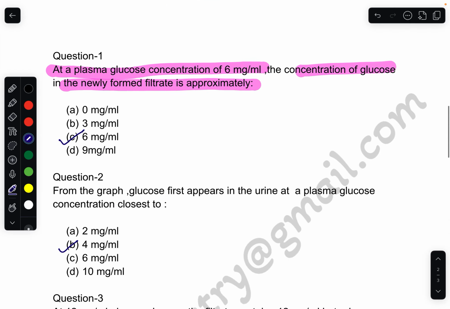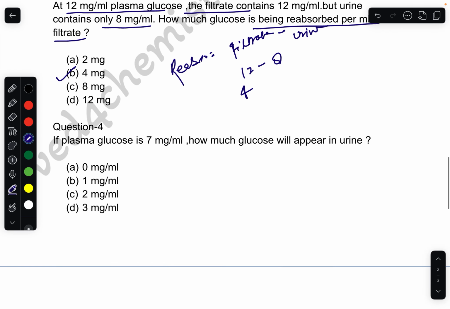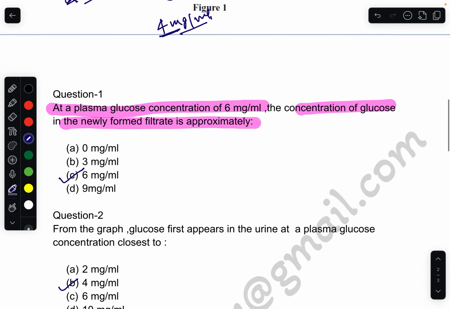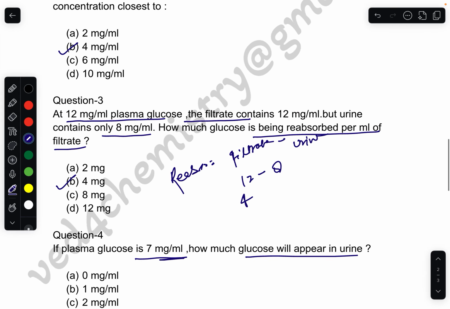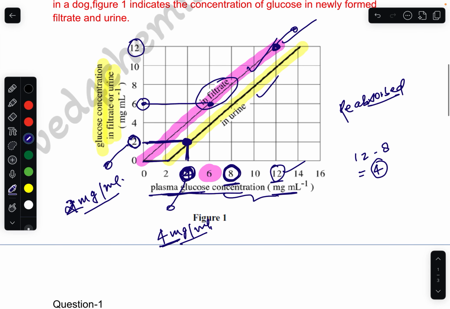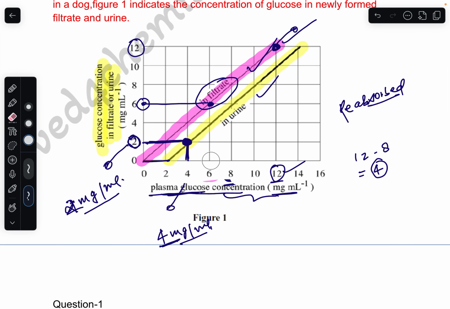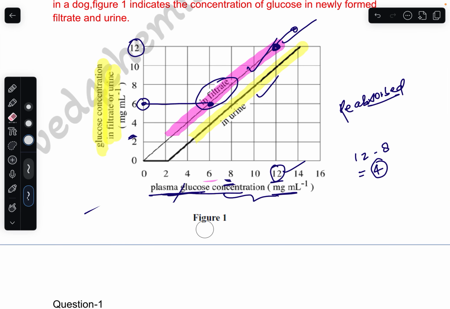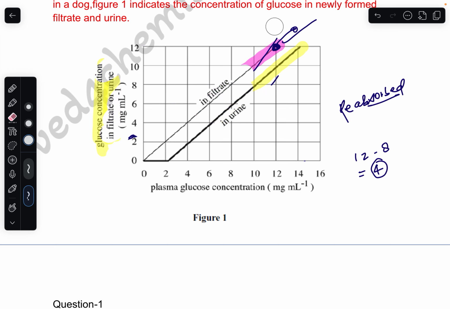Now the next question: if plasma glucose is 7 mg per ml, how much glucose will appear in urine? If the plasma glucose value is 7 mg per ml, let me remove some of the part. So this is the 7 mg per ml.